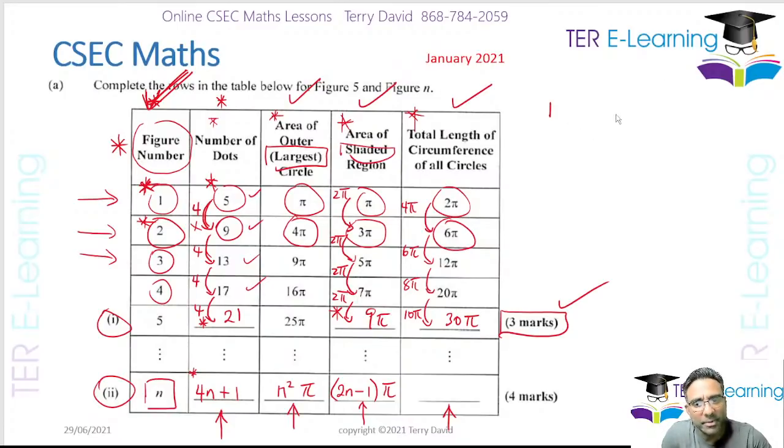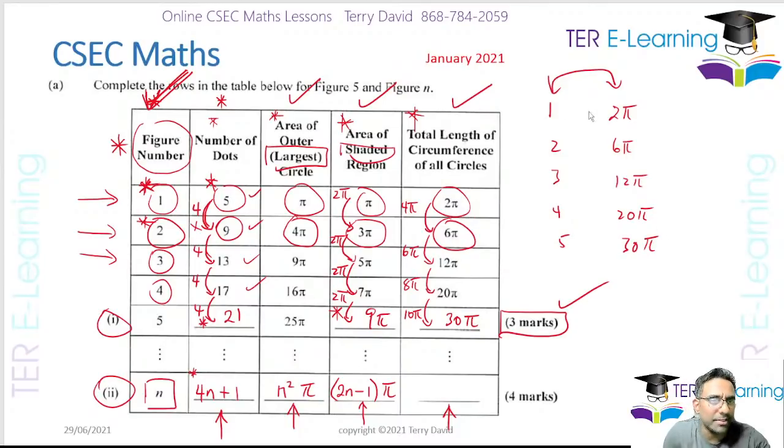So if we look at the numbers, figure 1, you have 2 pi, then figure 2, you have 6 pi, then figure 3, 12 pi. We're trying to find a relationship between these two. Figure 4, you have 20 pi, and then figure 5, you have 30 pi.